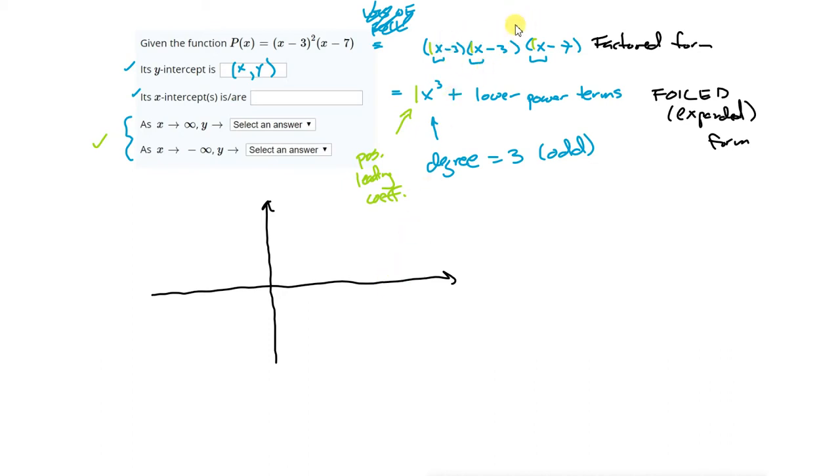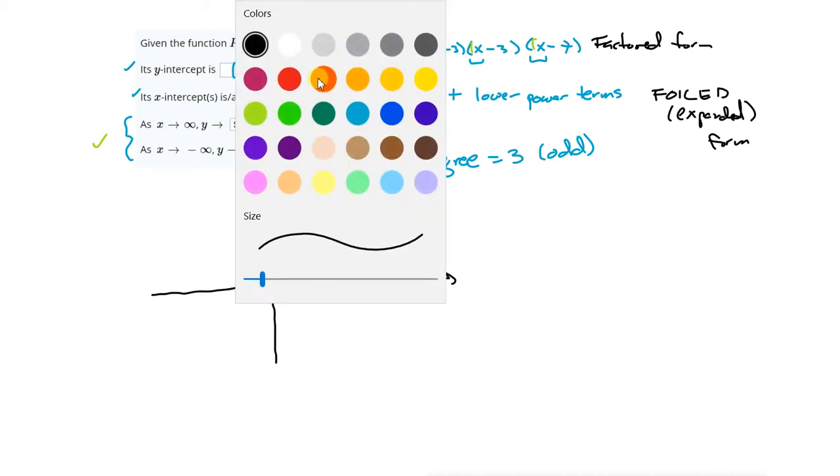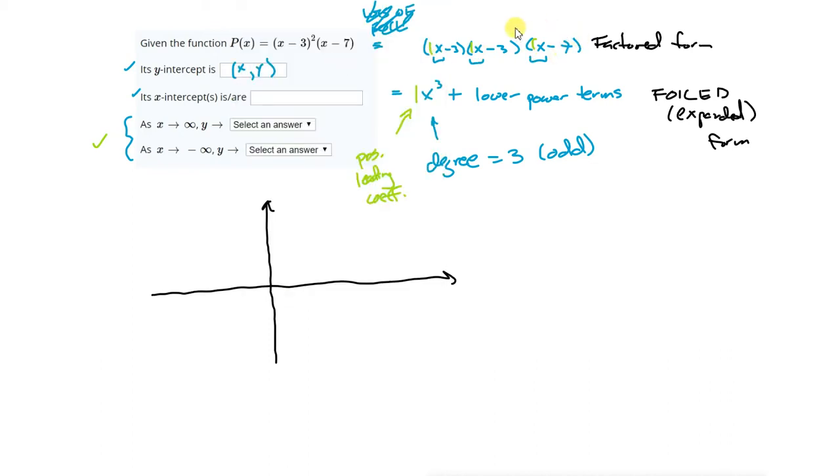So I already know, because of the factored form, this is going beyond the question right now, but that's okay, we want to learn. So if x minus 7 is 0, where does that occur? That occurs at x equals 7, right? That's an x-intercept for the function. You get an x-intercept whenever one of your factors is 0. So I know 7 is going to be an x-intercept.